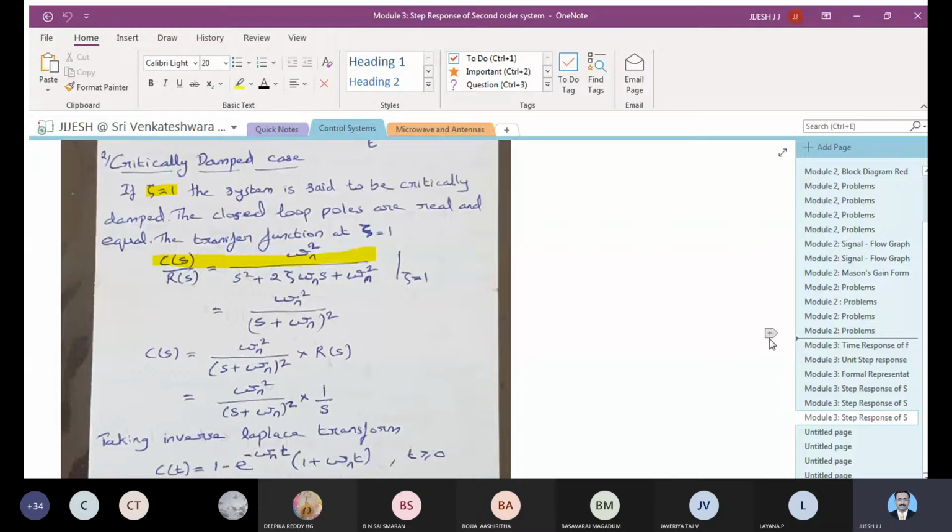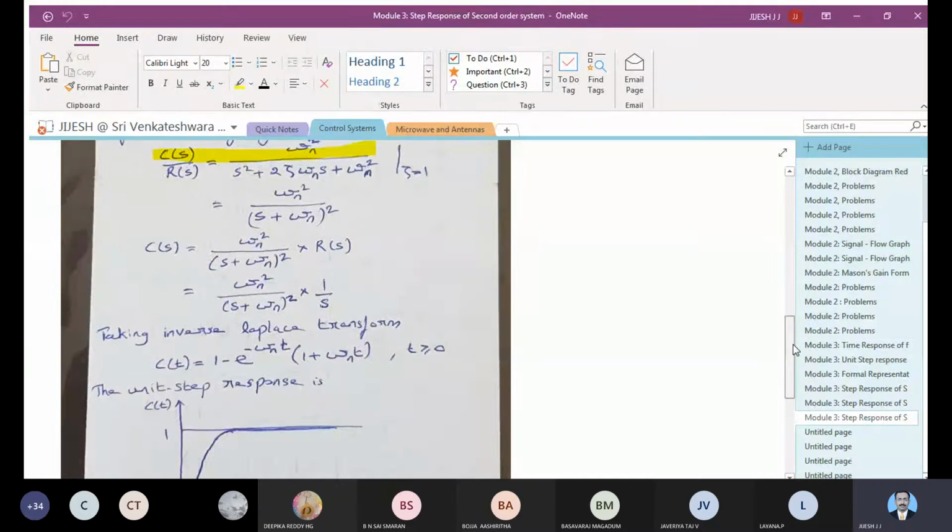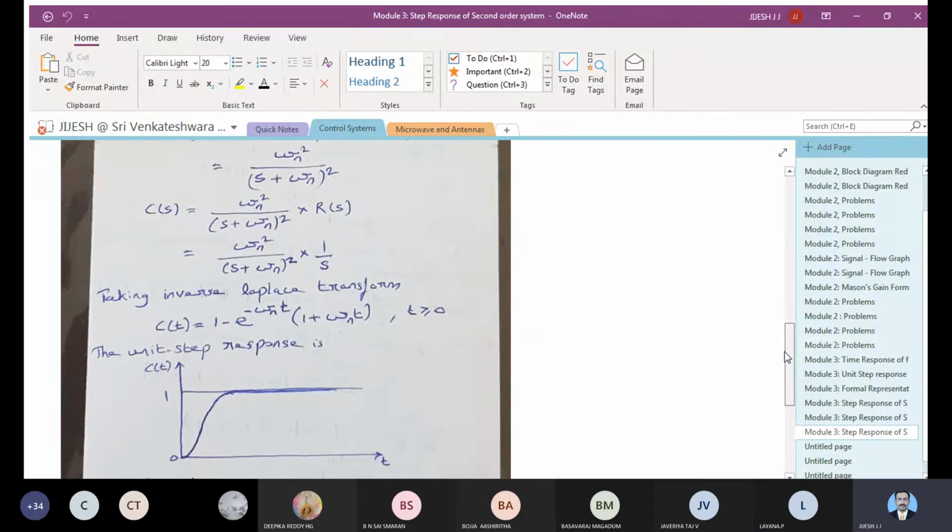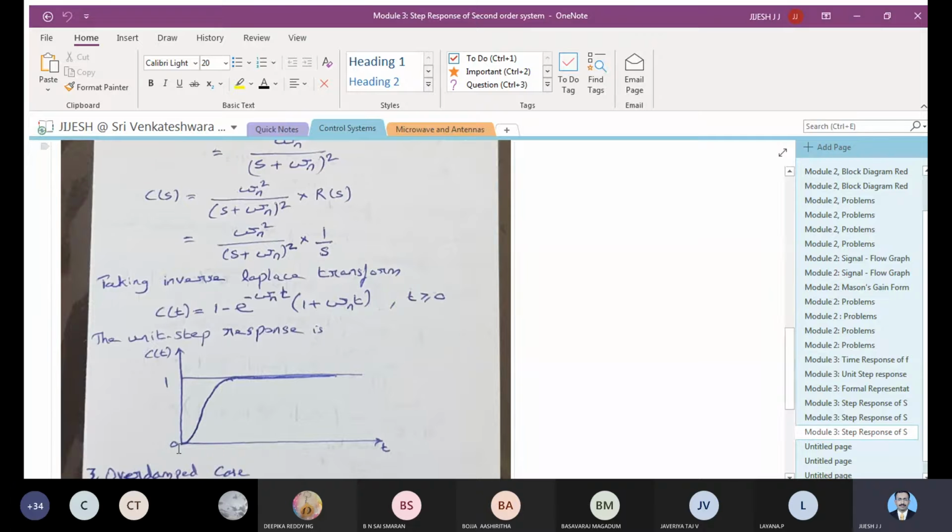By taking the inverse Laplace transform, C of t is 1 minus e to the power of minus omega n t into 1 plus omega n t. So we get the signal in this form, and that is called the unit step response.